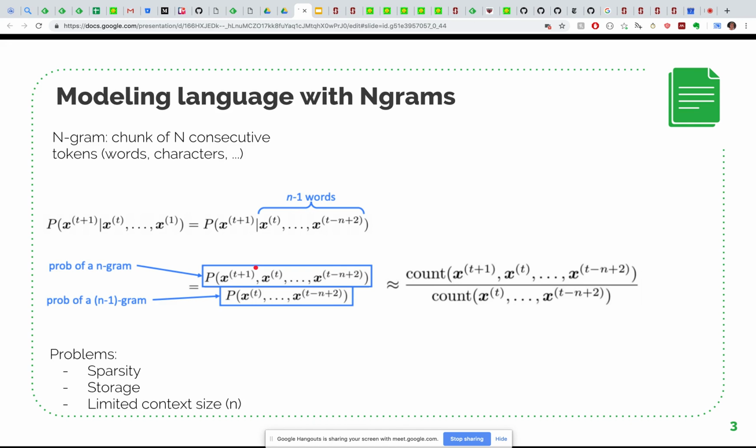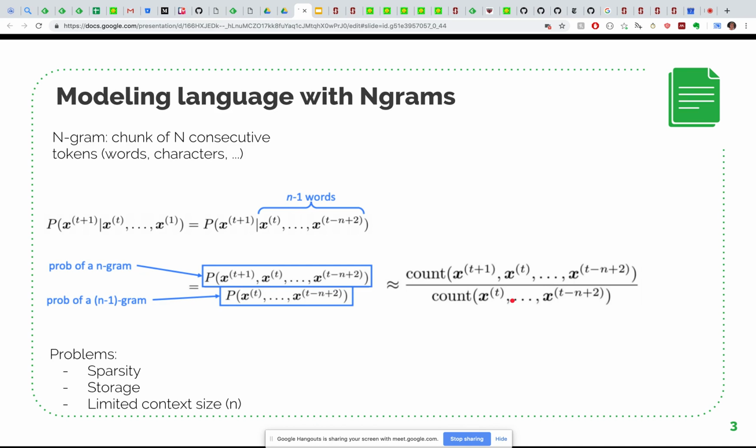This has a few problems, especially the sparsity problem. If you look at the numerator, for example, if the window is large, this set of tokens might never appear in your corpus. So this might be 0, even if the sentence could be likely. And more important, if the window never appeared, the denominator can be 0.